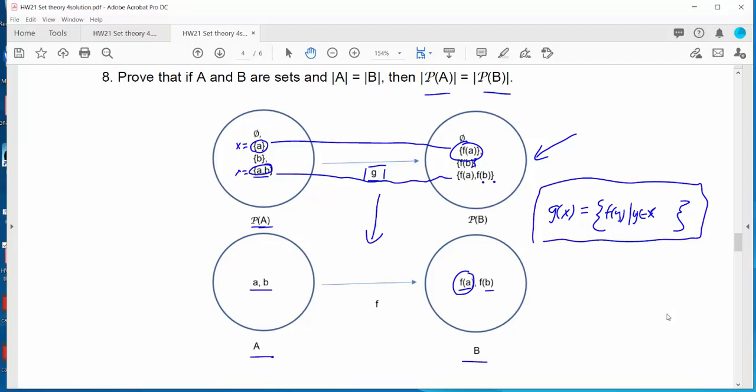So you know what that amounts to. That amounts to using those definitions.